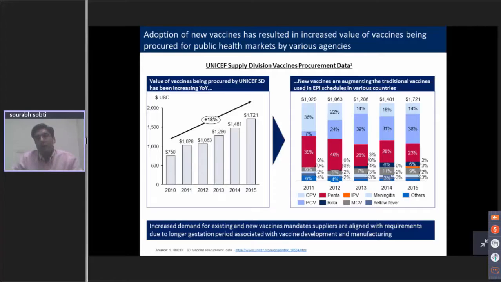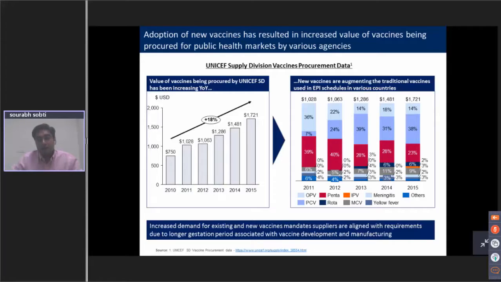What we do need to appreciate as well is that while vaccines are being procured in large quantities, the way to manufacture, procure, and develop vaccines is slightly different from how small molecules or traditional drugs or chemical entities are manufactured, because vaccines have an inherently long gestational period to develop and manufacture.